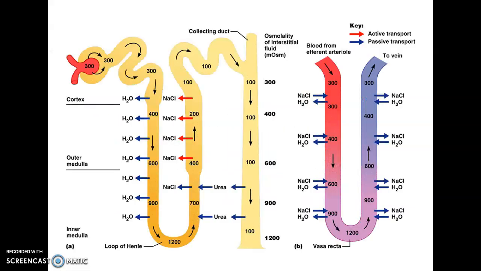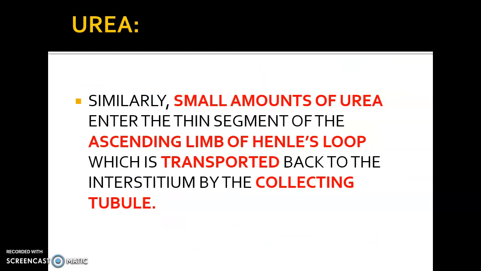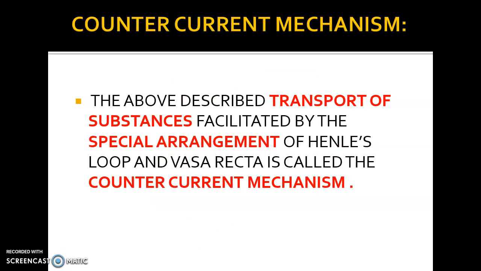If we have a look here, you can see that from the collecting duct, the urea enters into the ascending limb of Henle's loop, and it is returned back into the collecting duct so that it is released back into the medullary interstitium. In this way, the medullary interstitium osmolarity increases.